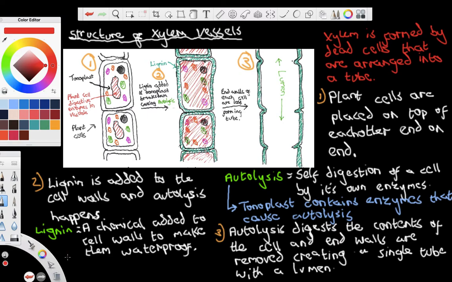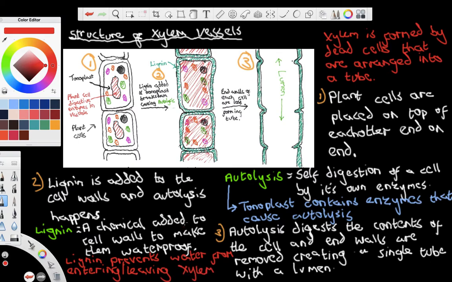We can say that lignin prevents water from entering/leaving the xylem, and I've run out of room, so I'm going to have to write it at the top.